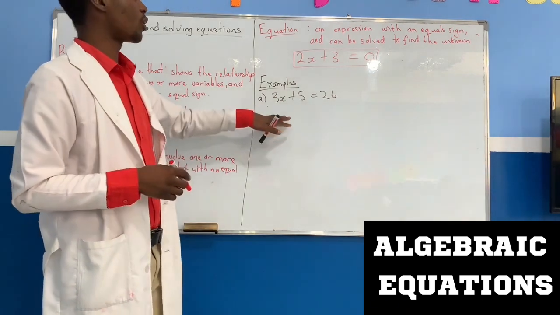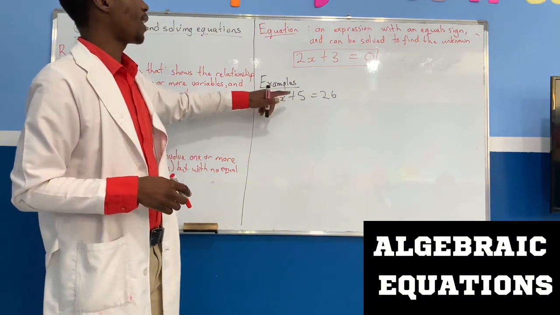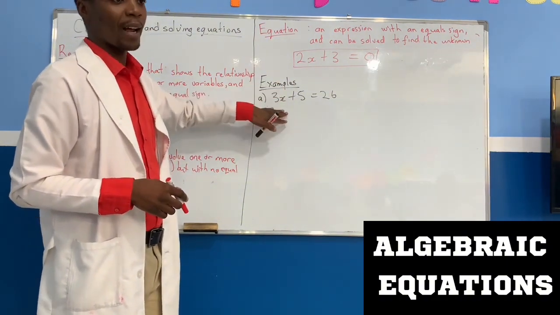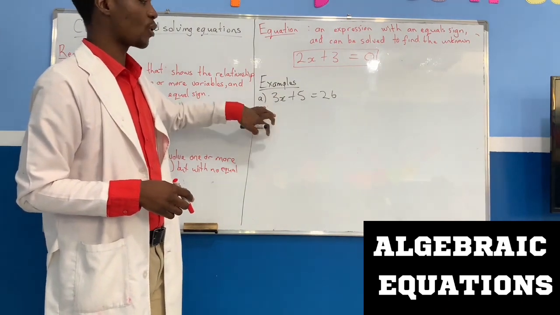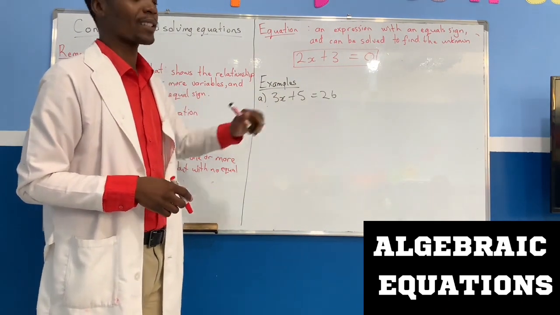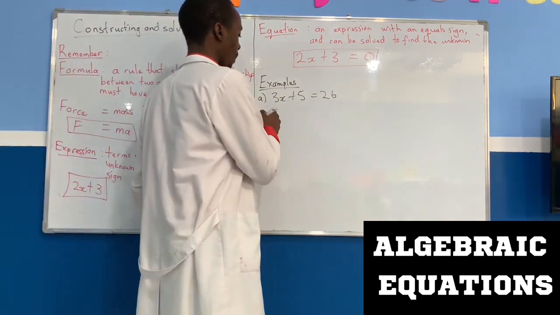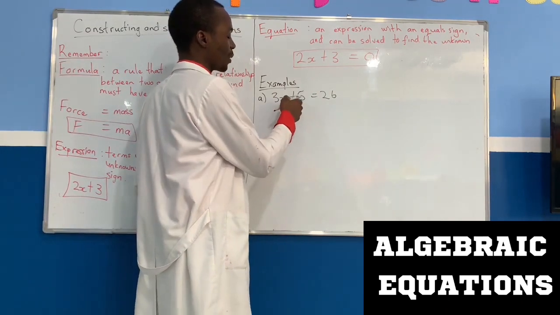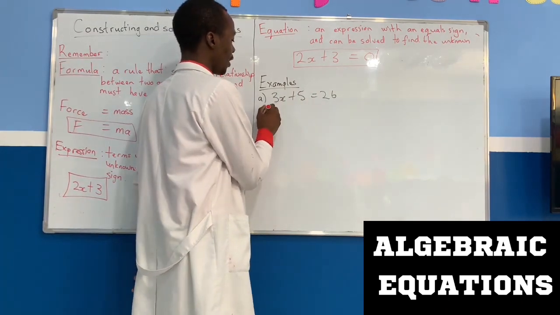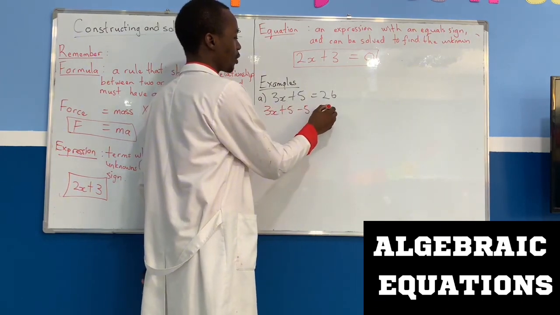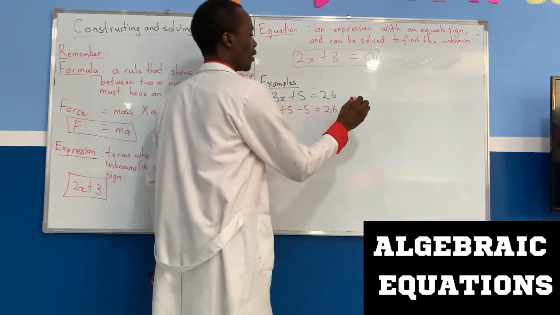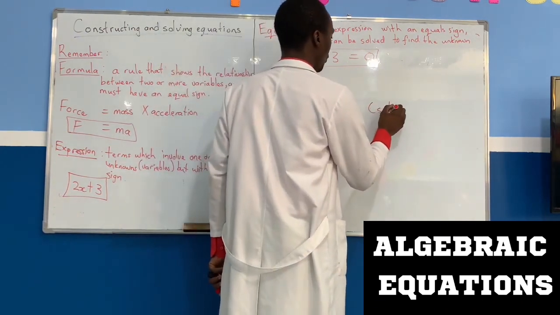For us to solve this problem, we first need to bring like terms together: all terms with x on one side, all terms without x on the other side. To do that, we subtract 5 from both sides, 5 from both sides. That's what we did, so that our equation remains balanced.